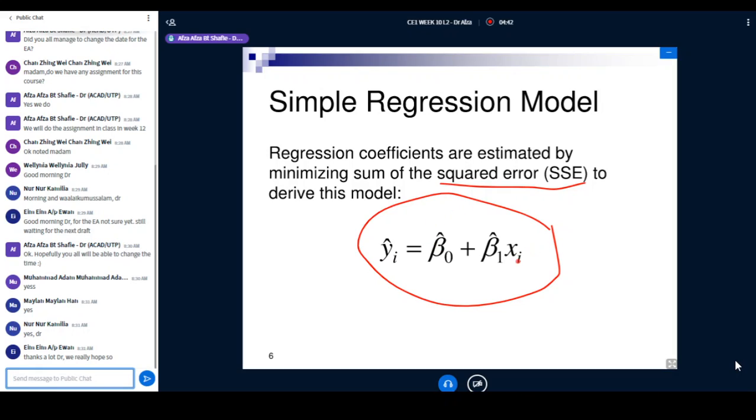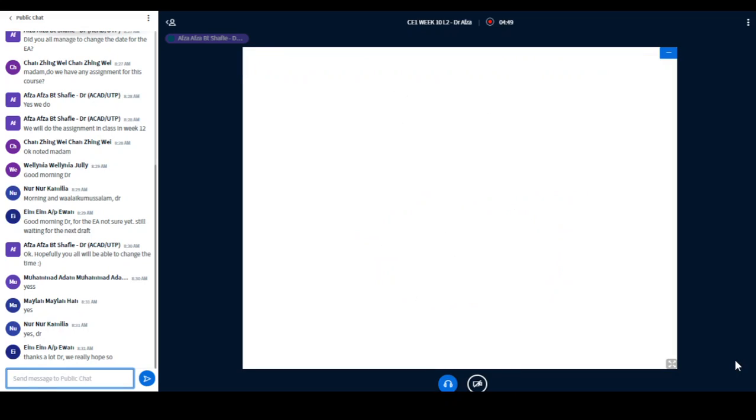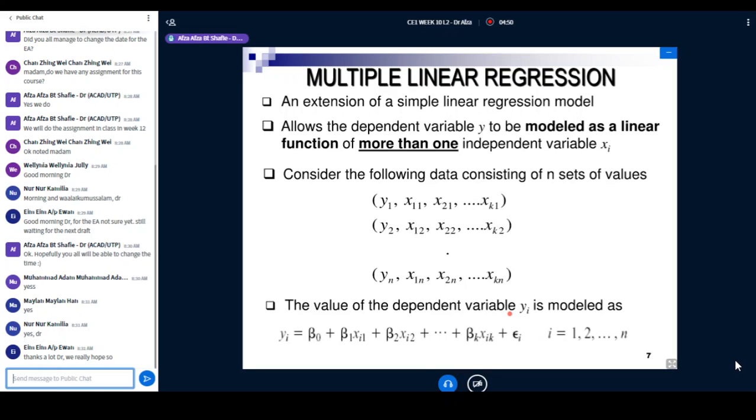So this equation will now change. How will it change? It will change in this manner. It's just an extension of the simple linear model, but it is used to model more than one independent variable.